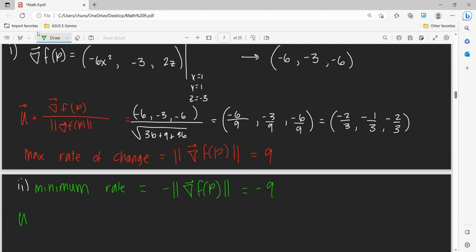And then our unit vector is now negative the unit vector that we found in the previous part. And if we distribute that negative in, this is 2 over 3, 1 over 3, and 2 over 3. Okay, so those are the two answers to our question.